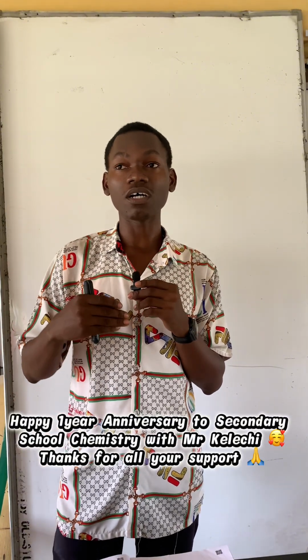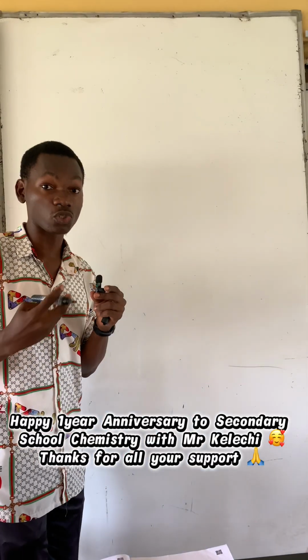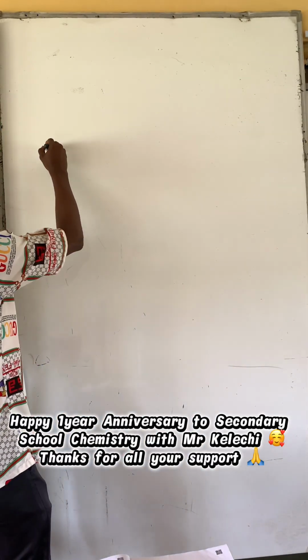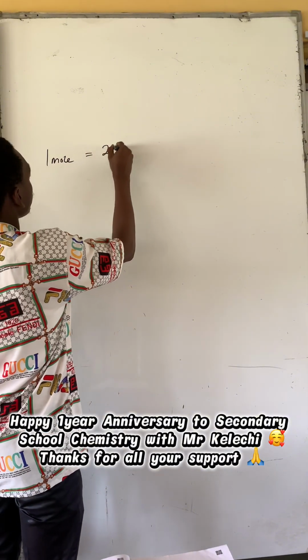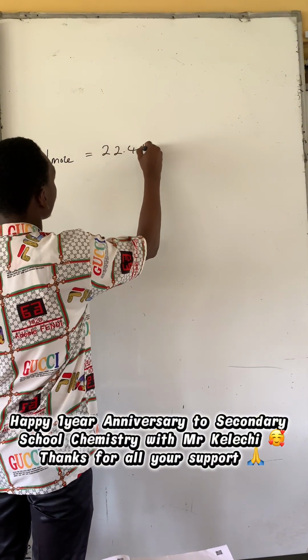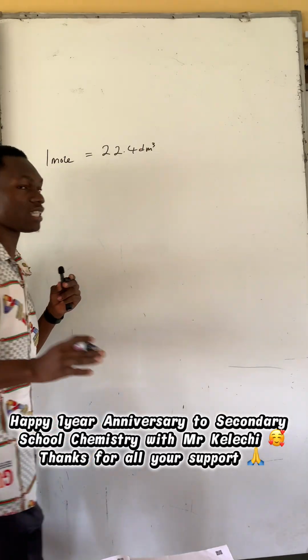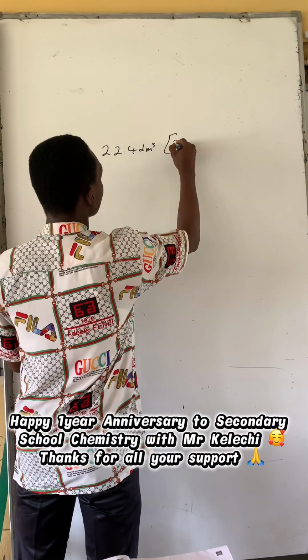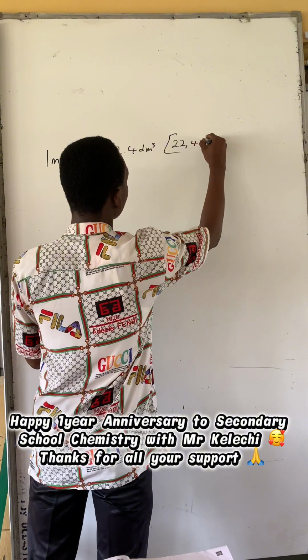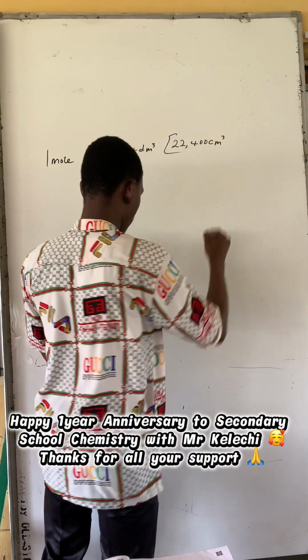Now, whenever we hear "at STP", the simple concept or idea that we should keep in our minds is that 1 mole of any gas is equal to 22.4 dm cube in terms of volume, or 22,400 cm cube.